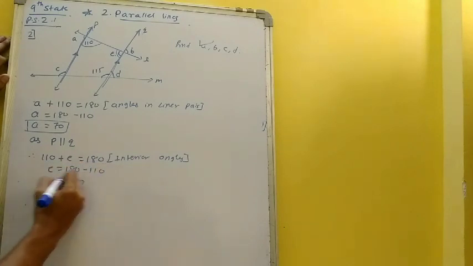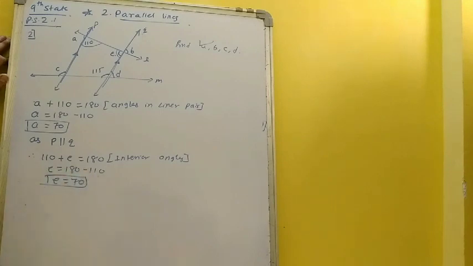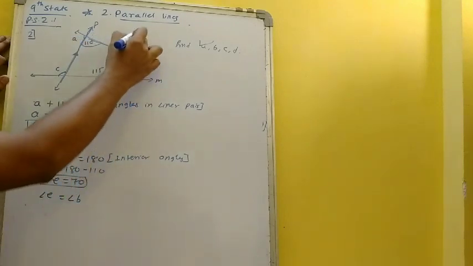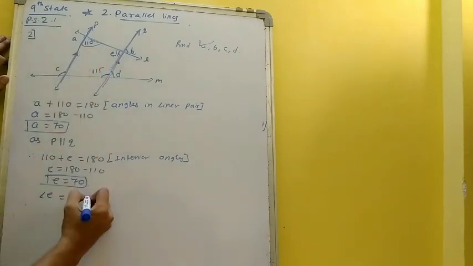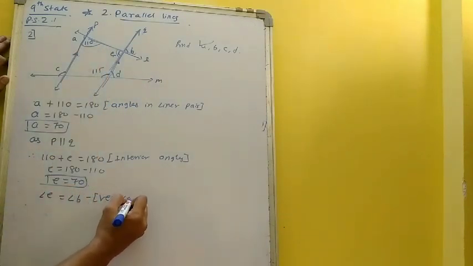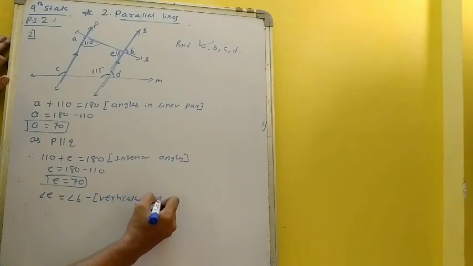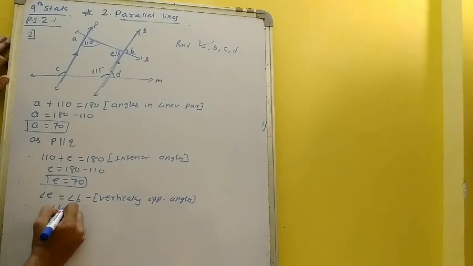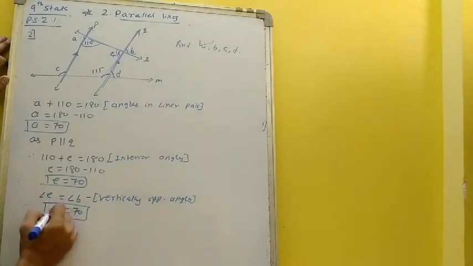E is equal to 70. So with the help of E, I can easily find out B also. Angle E is equal to angle B because there are two intersecting lines, vertically opposite angles. So B will also be 70. So B is also done.